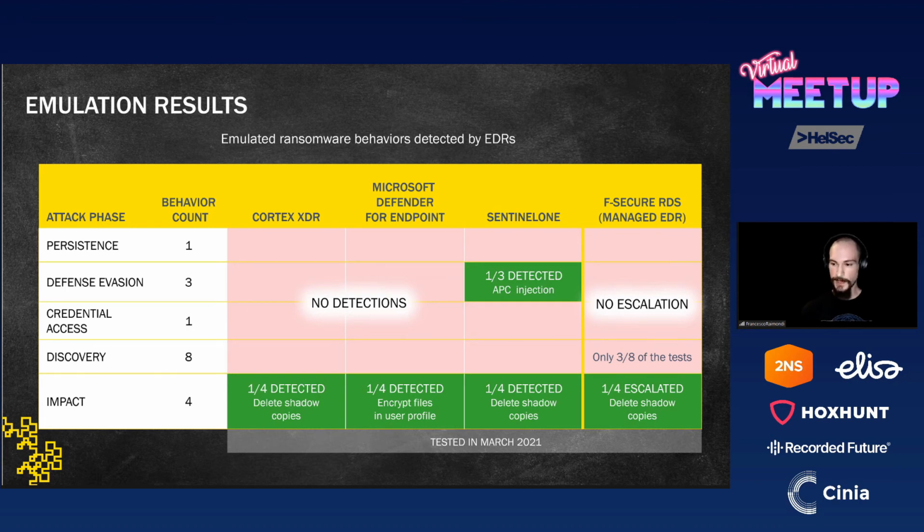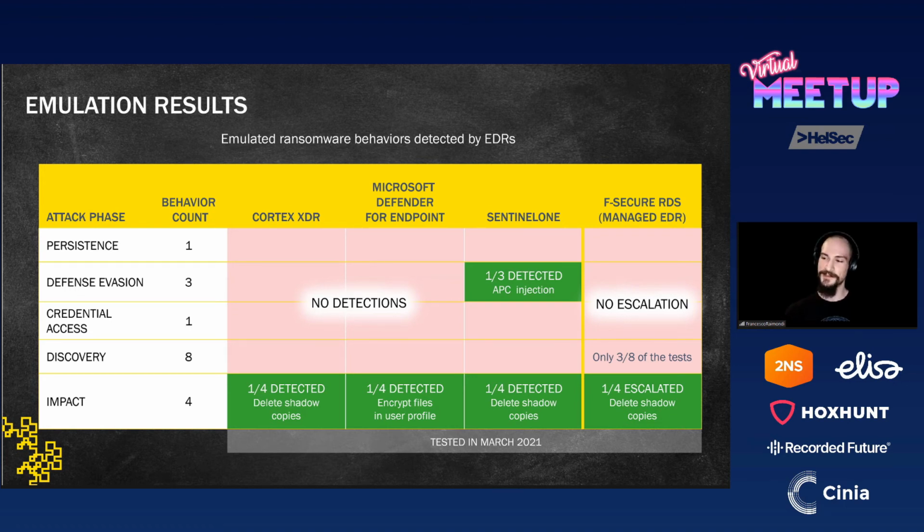And for the impact techniques, we were basically blocked by Cortex XDR, SentinelOne, and F-Secure RDS when we attempted to delete the shadow copies, but not by the vendor. Whereas for the encryption of files and folders stored under the user profile, we were only blocked by the vendor.